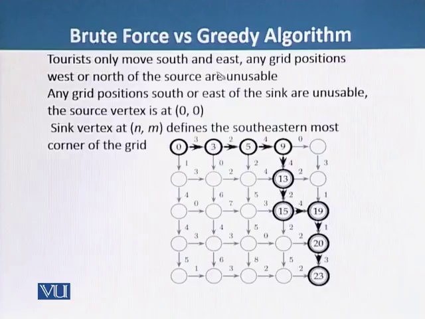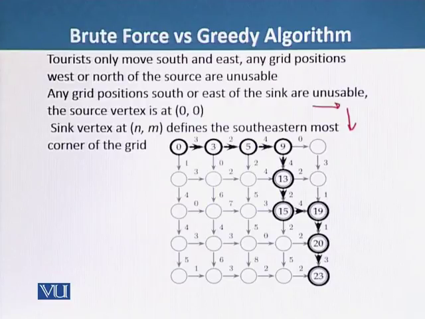We have already discussed that tourists can move only in two directions, either south or east. They cannot move west or north, and those positions in the north and west are unusable.